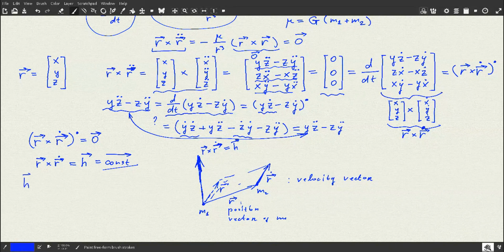So, once again, h is orthogonal to the plane of r and r dot, and obviously it is a constant, and therefore r and r dot always lie in a constant plane.